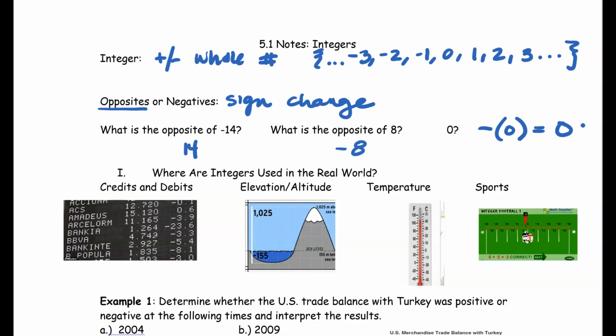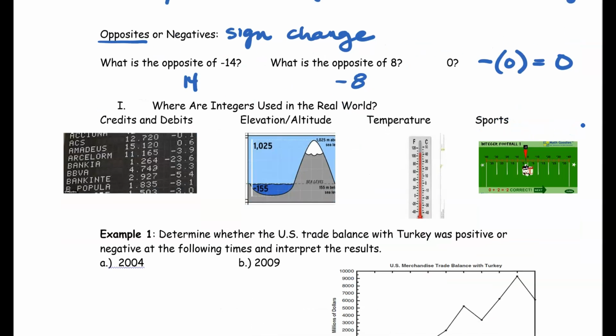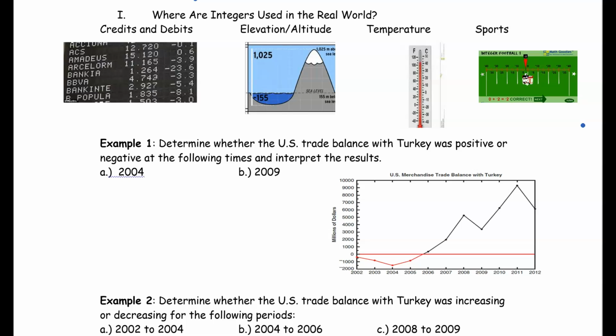So where are integers used in the real world? There's a lot of different places we see integers, but here are a couple of examples, like credits and debits. So if you were to list out on your credit card statement, for example, you could list out all of the credits, or a minus anywhere you spent money and a plus anywhere you were to deposit money, or a bank account would be probably a better example because you don't usually deposit money in a credit card.